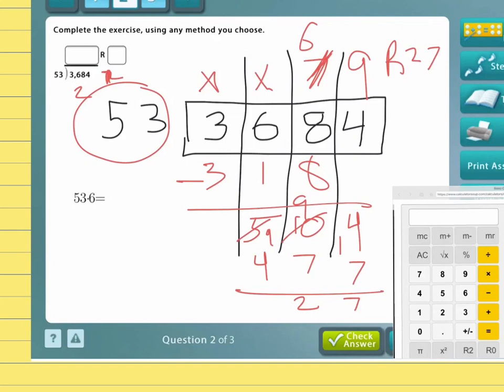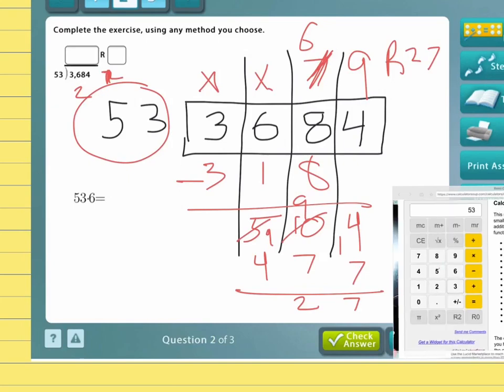And again, check it with the calculator: see if you can do 53 times 69 plus 27. The calculator's not helping me, so let's see if I can do it again. 53 times 69 plus 27 equals 3,684. So that is correct.